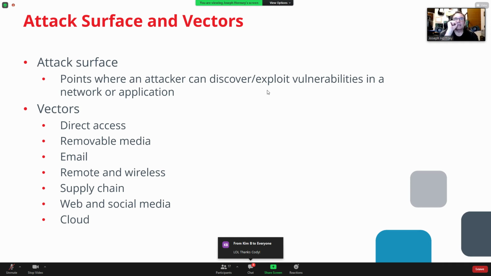Okay, the attack surface refers to all of the different ways that a threat actor could discover vulnerabilities and exploit them on a system. So if I look at attack surface, let's say that I have a web server. Okay, what is the attack surface? What are all the different points that somebody might be able to attack that machine?